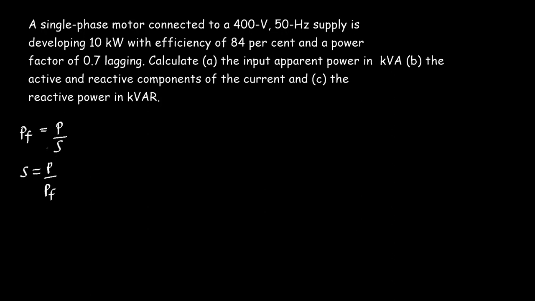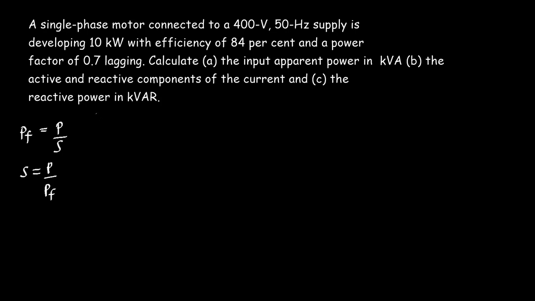From the question, we were told that the motor developed a power of 10 kilowatts, which will be the power output of the motor. And then we know the efficiency of the motor also. So we can use this to know the active power, which is the power that the motor consumed.